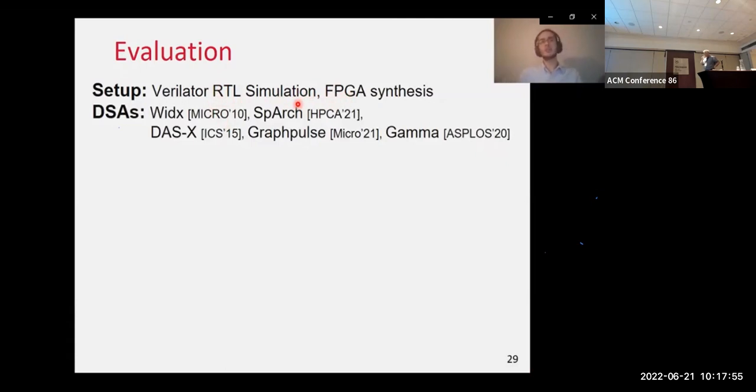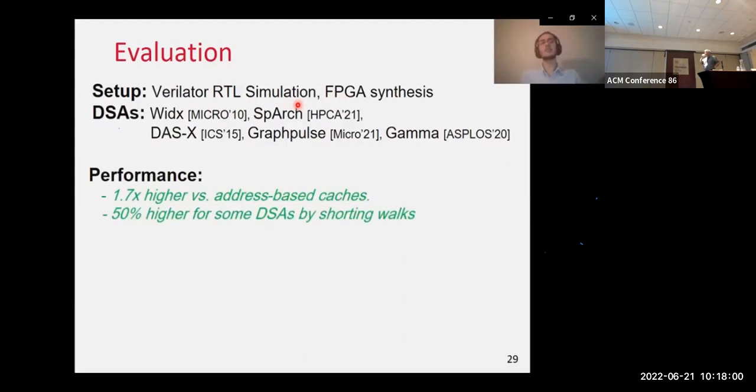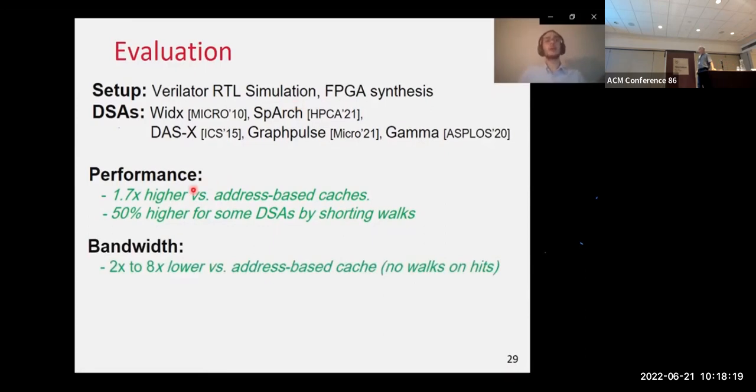We used 5 different DSAs for evaluating Xcache, and in terms of the performance, we delivered 1.7 times higher performance than address-based caches, and 50% higher in comparison with customized on-chip SRAMs of some of these DSAs. Also, in terms of the bandwidth, we use 2 to 8 times lower bandwidth than an address-based cache, just by not walking when there's a hit.